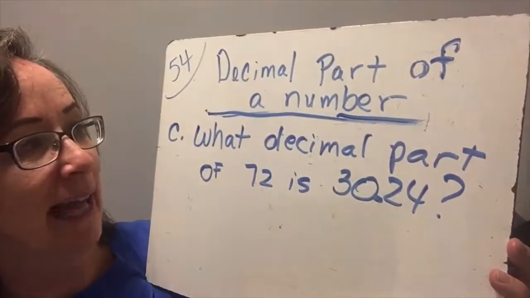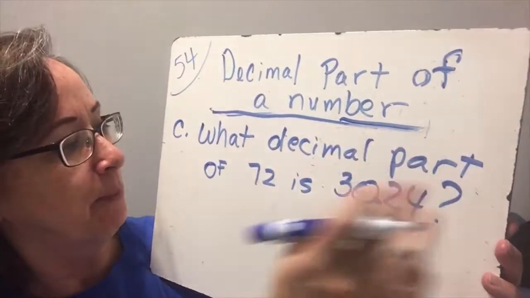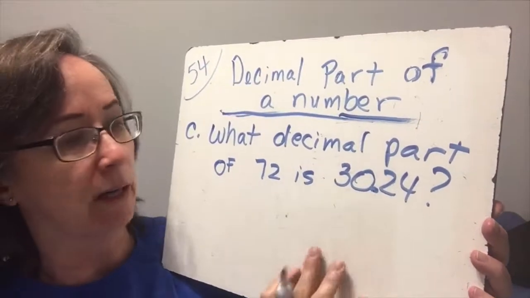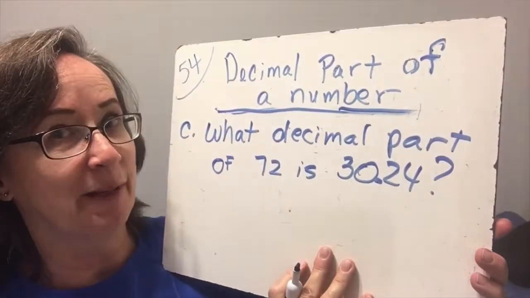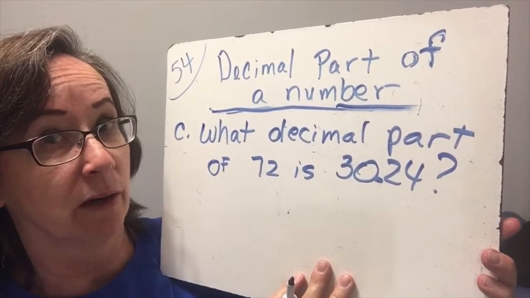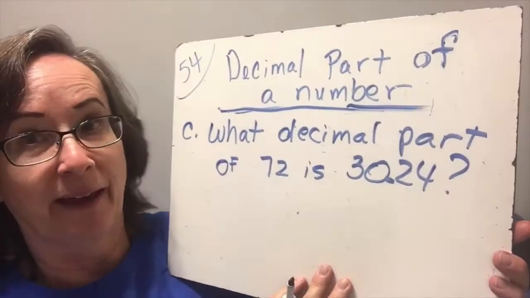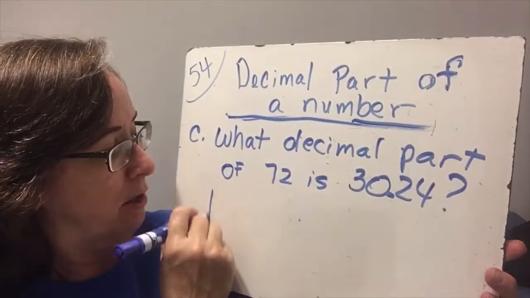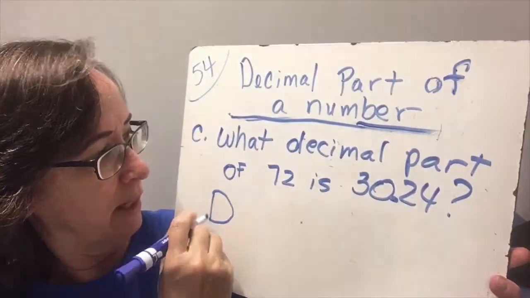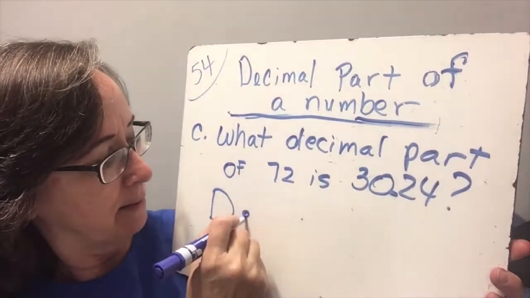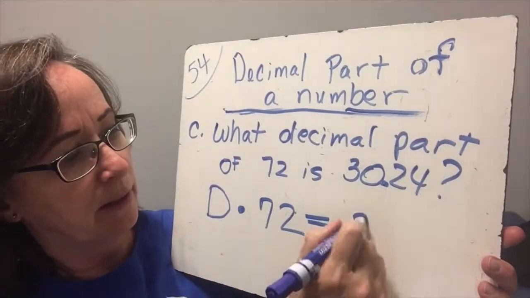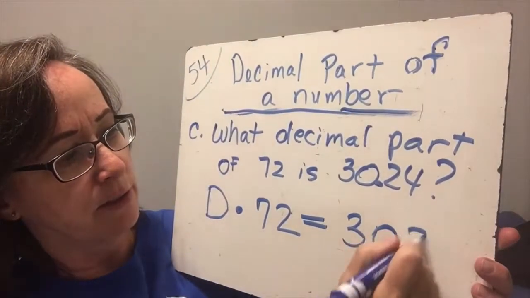Here is your last practice. What decimal part of 72 is 30.24? So, copy it down and pause your video. Okay, so let's do this last one. What decimal part? So we're just going to call this D. Of is times. 72 is equal to 30.24.